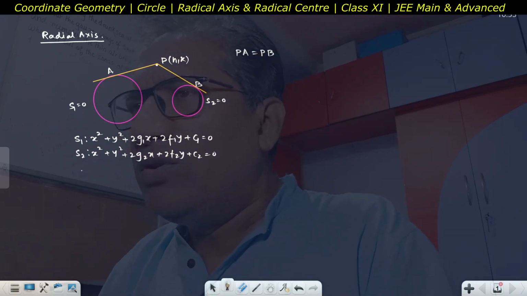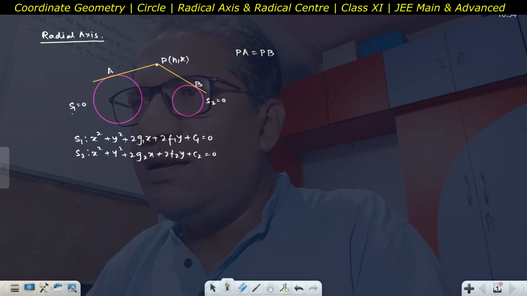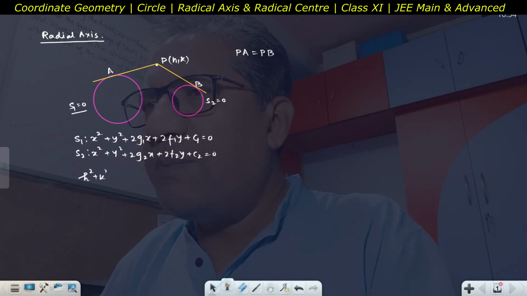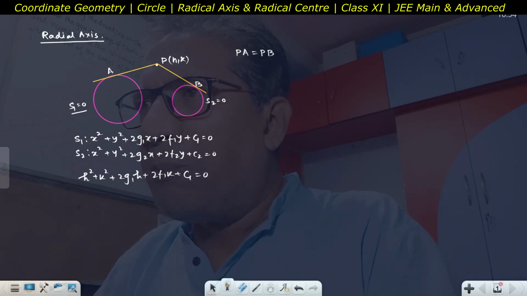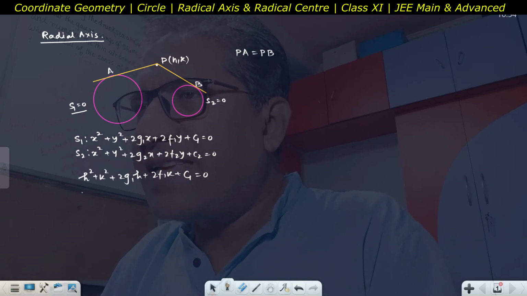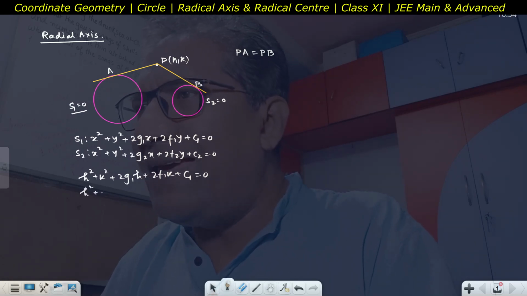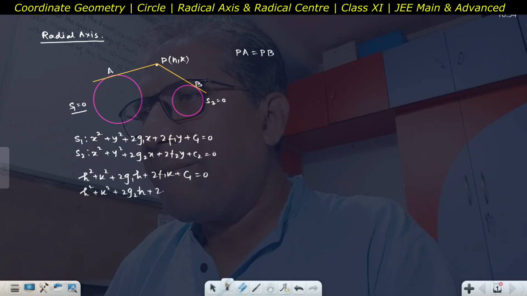Now we all know that the power of the point P with respect to the circle S1 equals to 0 is h square plus k square plus 2g1h plus 2f1k plus c1. This is the power of the point P with respect to the circle S1 equals to 0. And same thing, the power of the point P with respect to the circle S2 equals to 0 is h square plus k square plus 2g2h plus 2f2k plus c2.